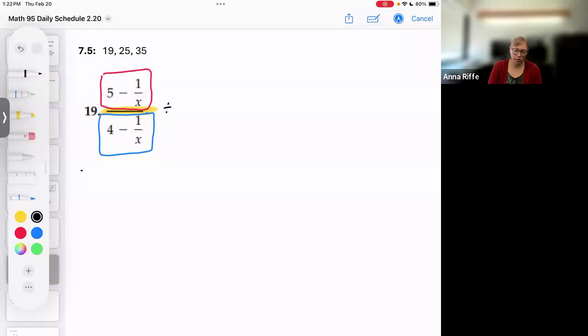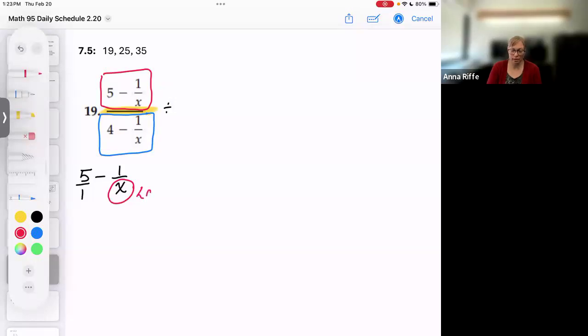So I'm going to start with 5 minus 1 over x. 5 has a denominator of 1. Whenever one of the expressions I'm adding or subtracting has a denominator of 1, I can let the least common denominator be the denominator of the other term.